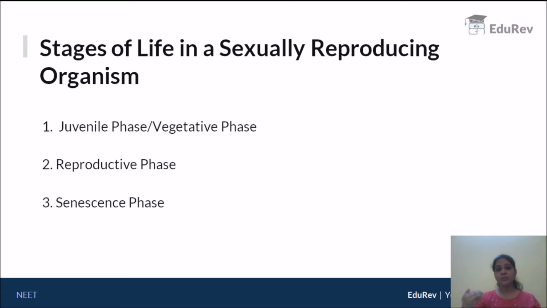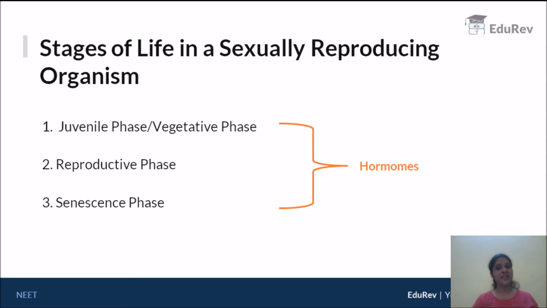Now, the transition between these three stages normally takes place because of changes in hormones. For example, let's take a human male, a young boy from the age of 0 to around 12, until the testes start functioning and producing testosterone. From 0 to 12, there is hardly any, or rather, no testosterone. At that time, the boy is behaving like a child.